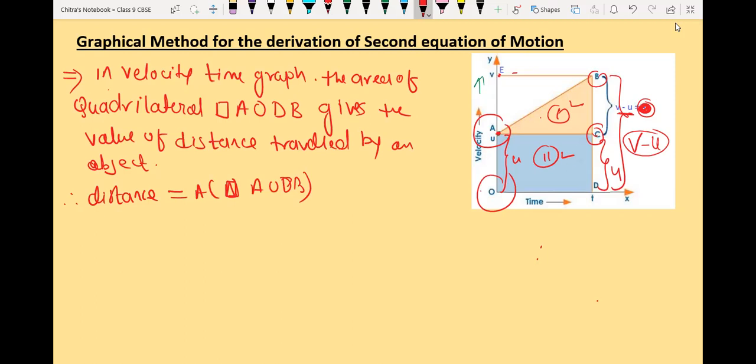That quadrilateral equals one triangle and one rectangle. So I am just separating the quadrilateral into one triangle and one rectangle.